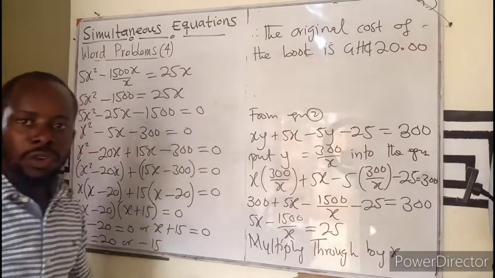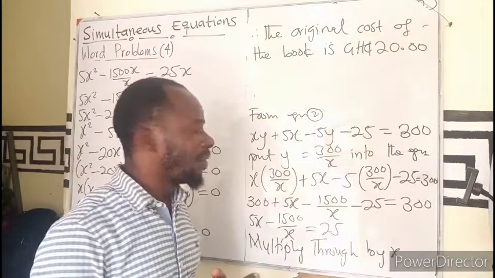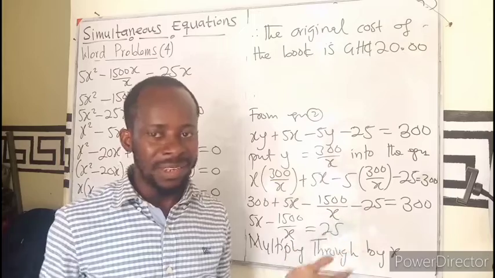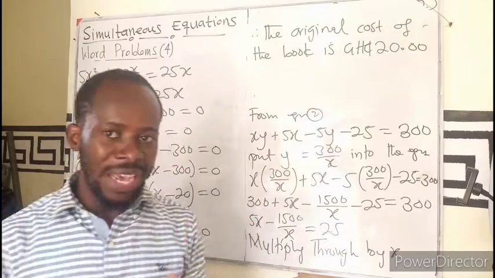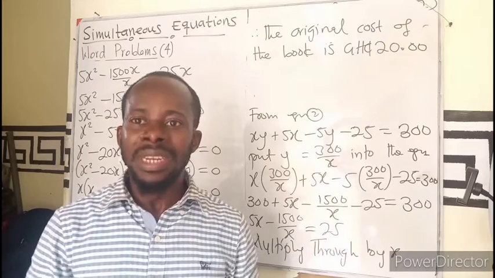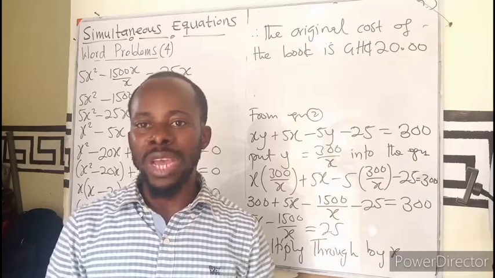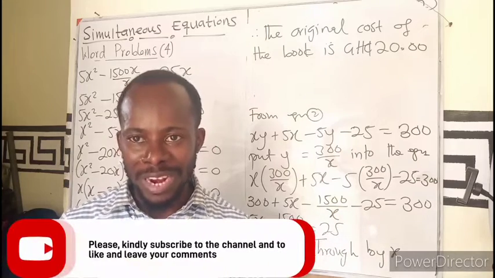So the original cost of the book is going to be 20 Ghana cedis. I believe you followed. One of the easiest ways to solve this is to identify the unknown quantities, then generate your mathematical statement which will lead you into the equations. Then voila, you are there.